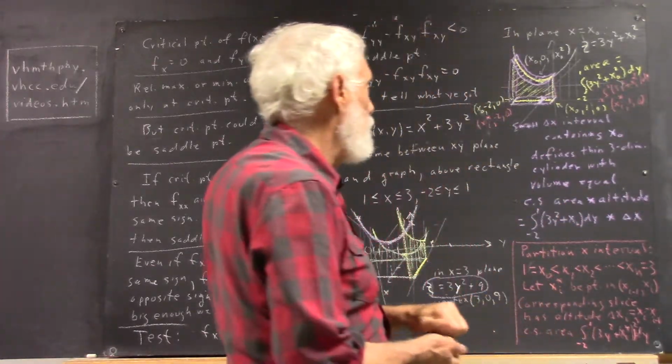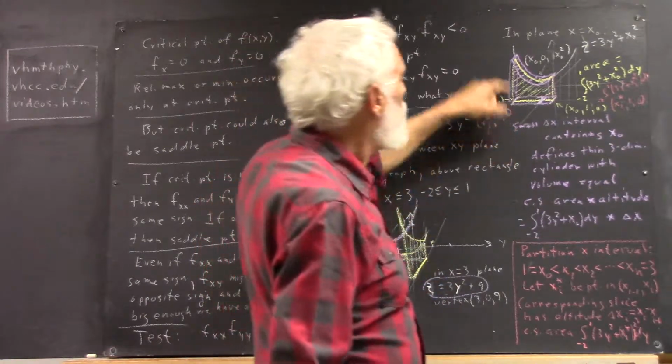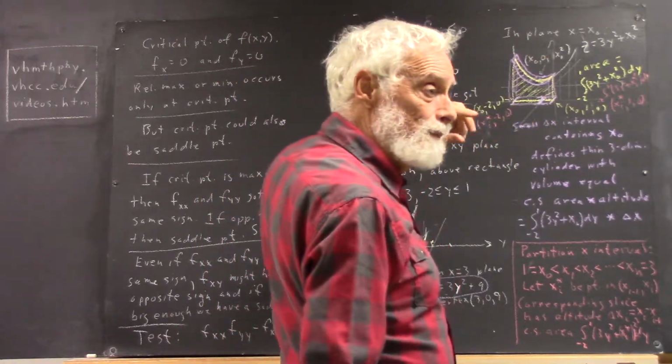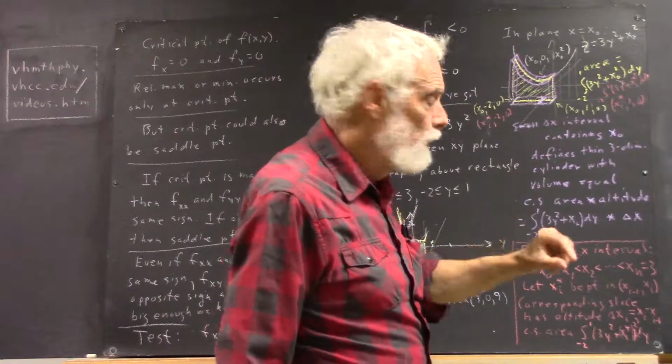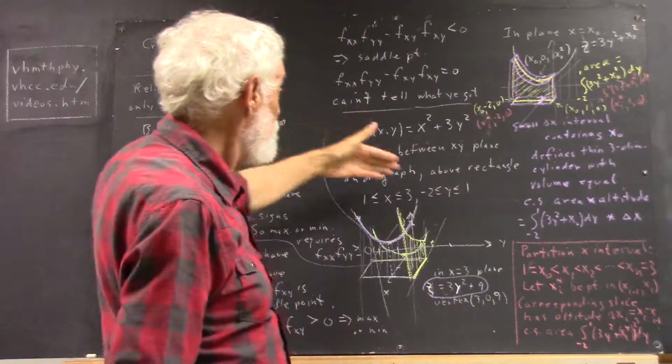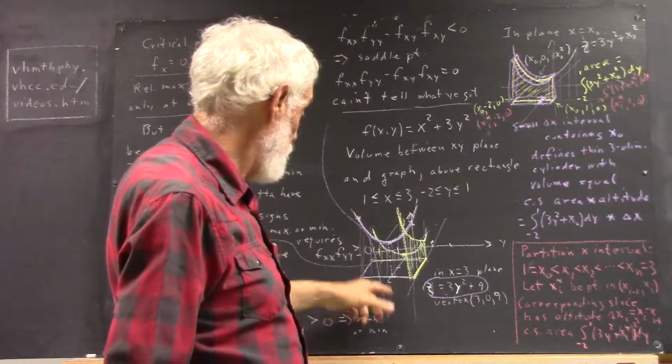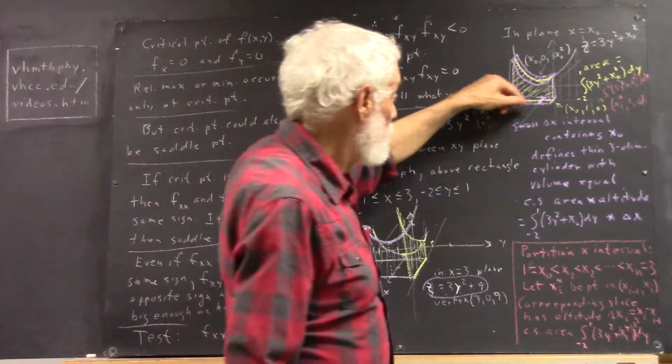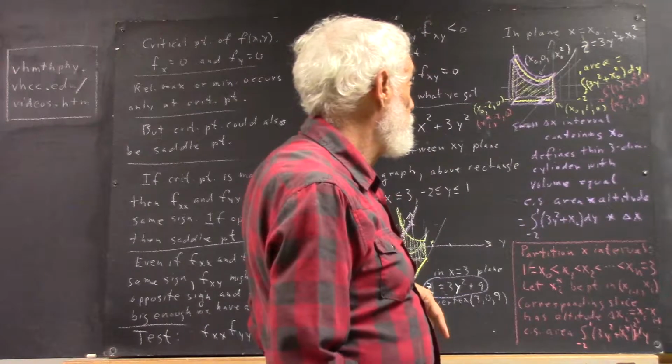So we can say that this portion has a volume that's close to the volume of the region between the xy plane and the graph, corresponding to this small region.